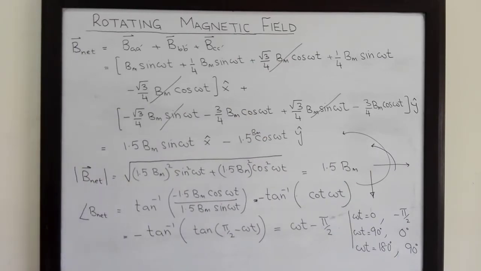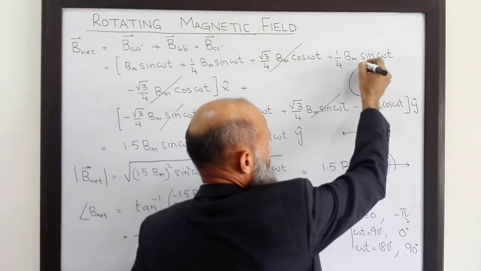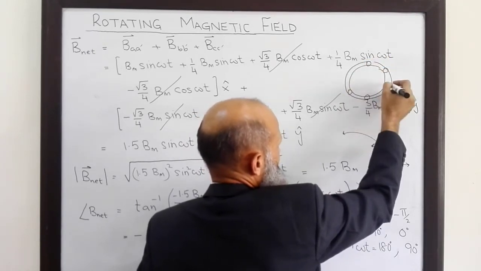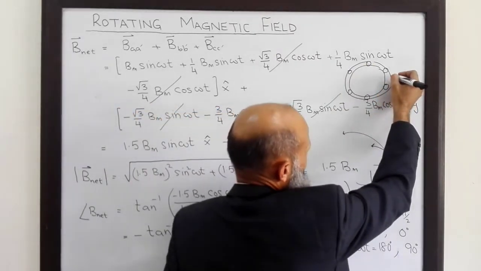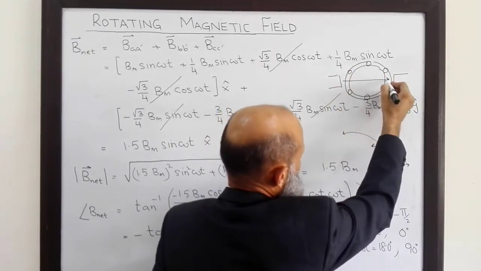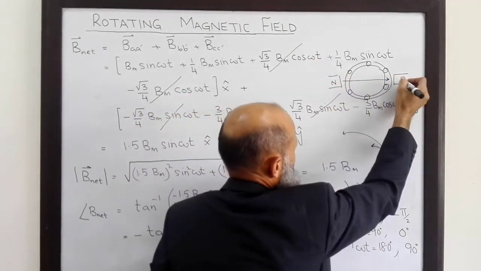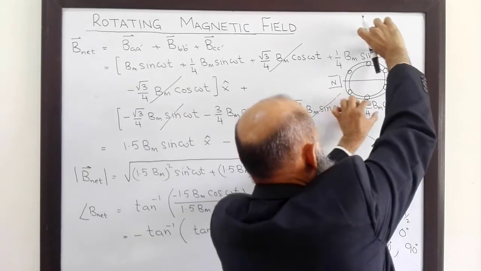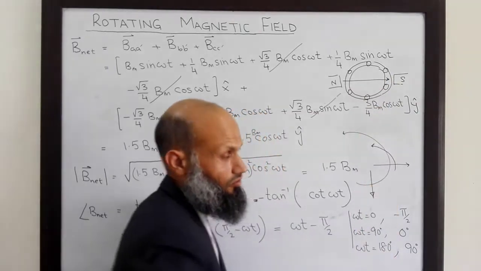So the situation which consists of this core with a set of three-phase windings in it, supplied with three-phase currents, is exactly the same as if we had two poles over here, and this is the flux density vector due to these poles, north pole and south pole, and we are rotating these poles, so that their resultant flux density vector is also rotating.